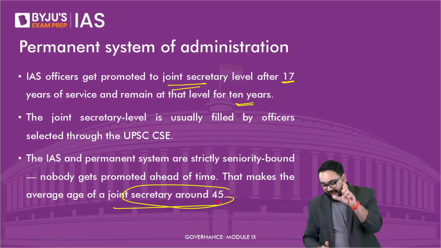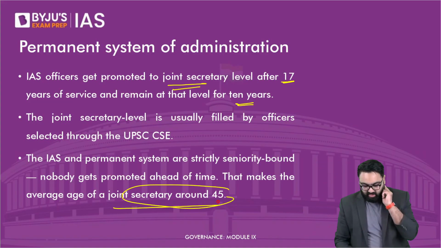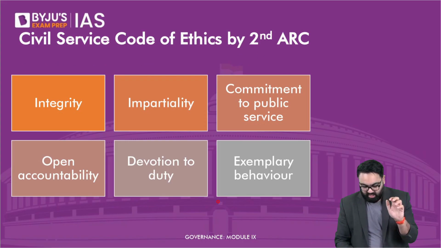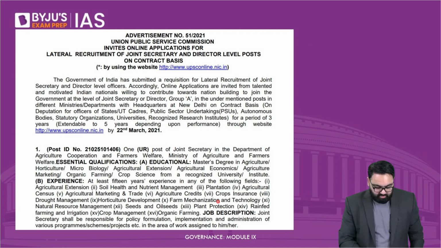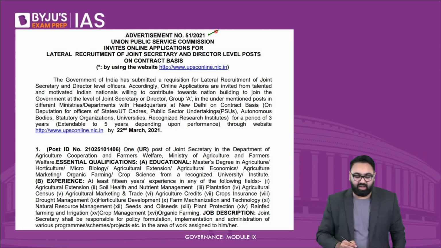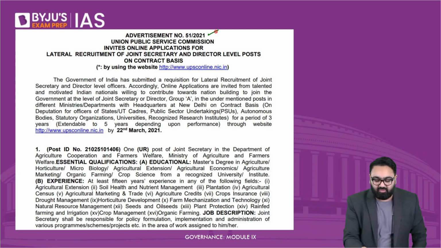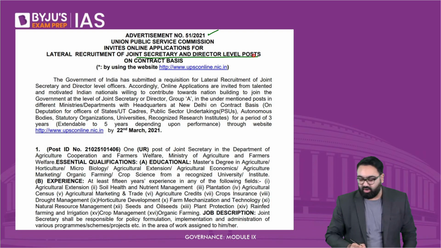I'll show you an ad so that you can actually understand. See this. This was an ad the government gave in 2021 about lateral entry: lateral entry of joint secretary and director level posts on contract basis.